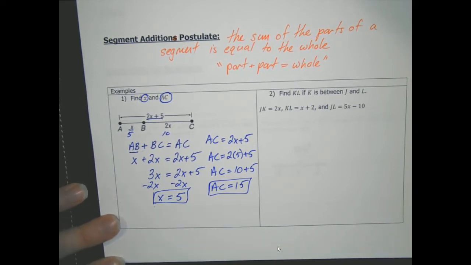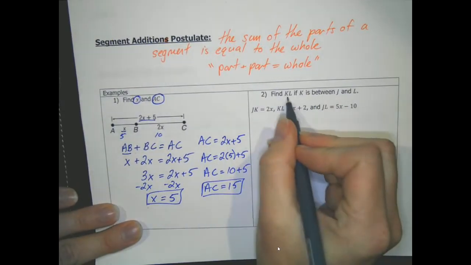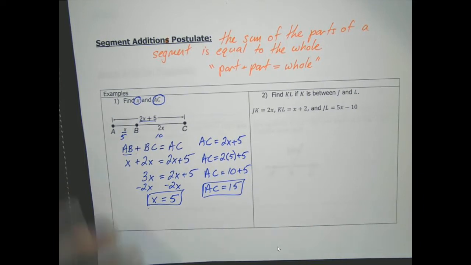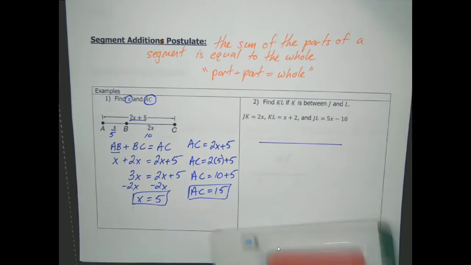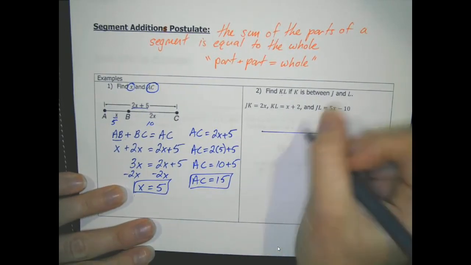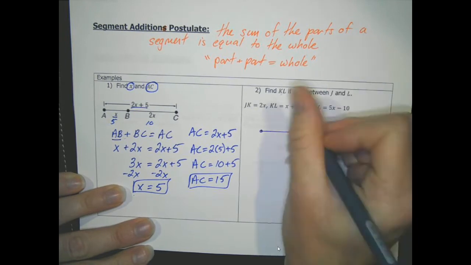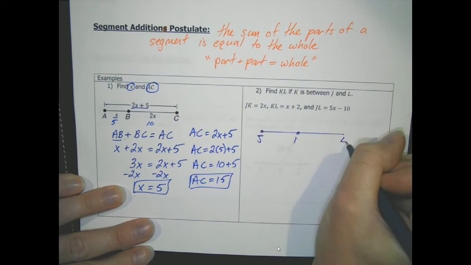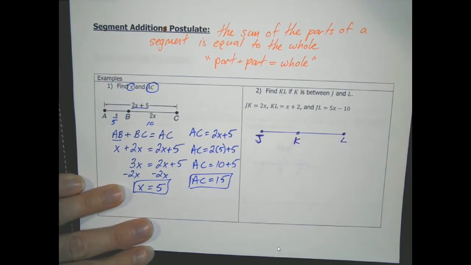For the next one, you're going to have to actually draw this out. It says find the distance from K to L if K is between J and L. So the first thing I'm going to do is I draw a diagram. It says find KL if K is between J and L. So I'm going to have J here, L here, and I'm going to have K somewhere between, and it doesn't really matter.